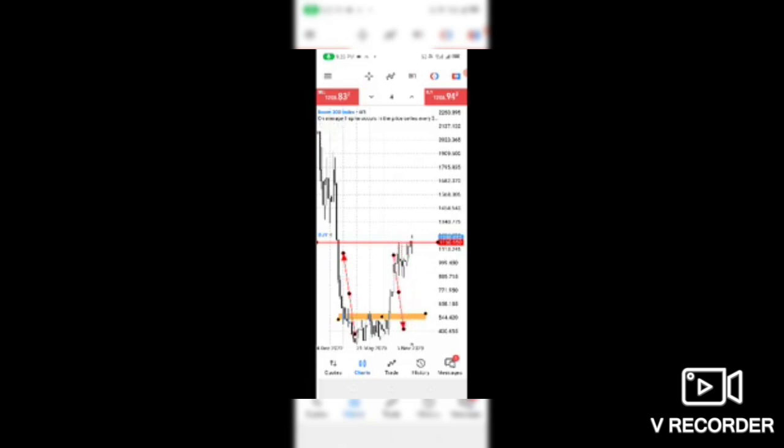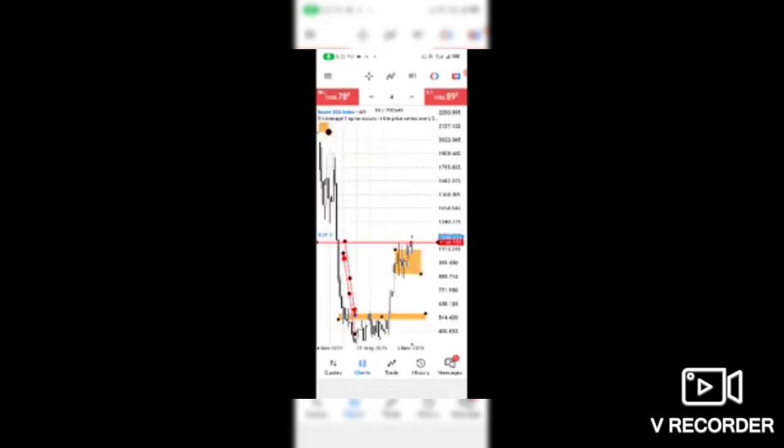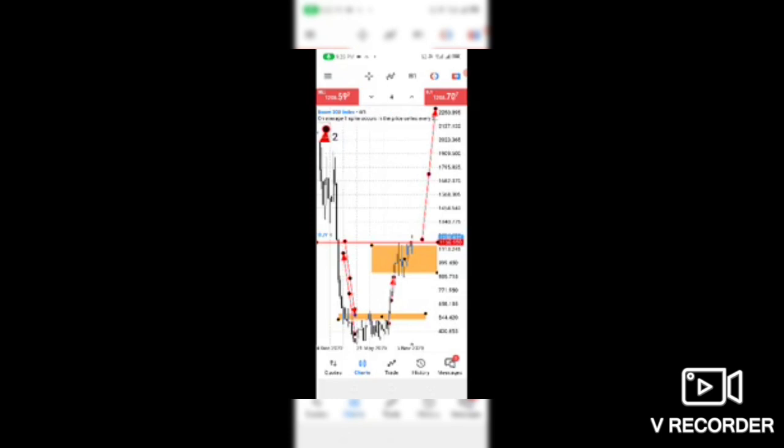In other words, it shows that the buyers are very strong in this market, and there is a high chance that this loop is going to be a base, and then we will have a rally-base-rally, where this will be the first rally and this will be the next rally.